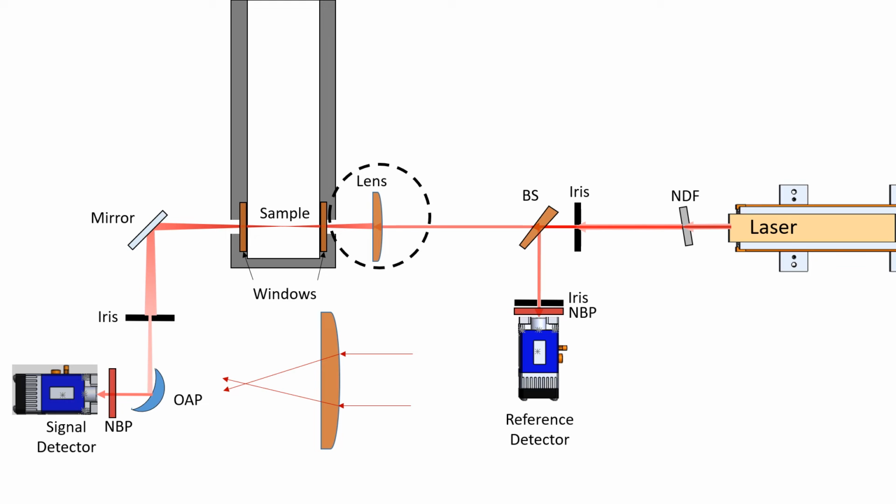Zinc selenide transmits well from about 5 to 15 microns, so let's say all these orange optical elements are made from that. Most of the optical elements are also likely to be anti-reflection coated, specifically for the light in the wavelength range of interest. Because I am assuming a single wavelength laser output, the windows depicted here are flat.